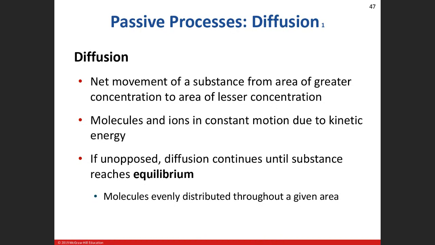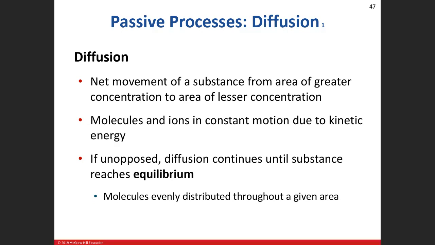All right, let's talk about diffusion, the first of our passive processes. Diffusion is going to involve a concentration gradient. That means we have a lot of one substance in one area, and very little of that substance in another area. Since we're talking about cells, let's use inside the cell and outside the cell. So outside the cell, we have a lot of something, and inside the cell, we have very little of it.